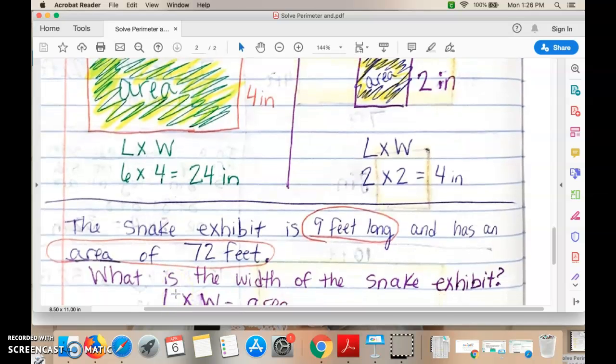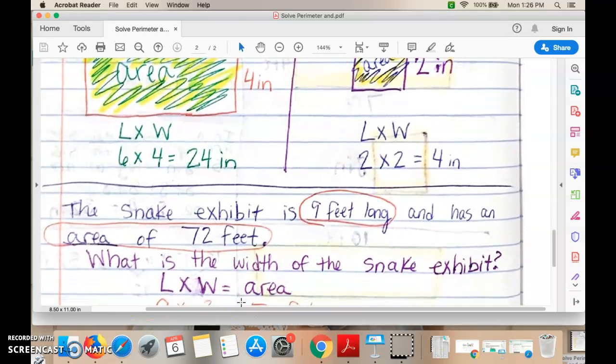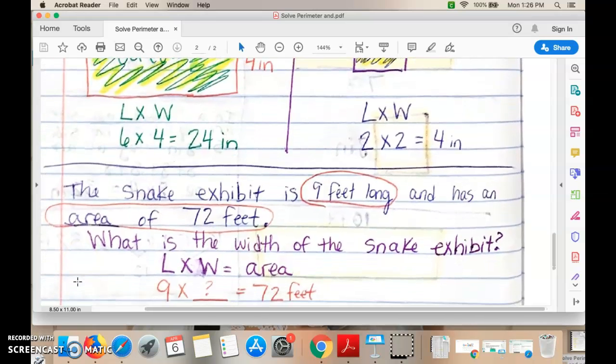So what we need to figure out is, what is the width of the snake exhibit? In order to figure this out, I'm going to take length times width equals area. I'm going to put in what I know. My length is 9 times I don't know what, because I don't know what my width is, but I know that my area is 72 feet. So 9 times something is going to equal 72.